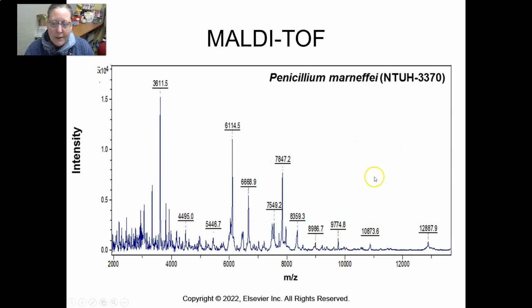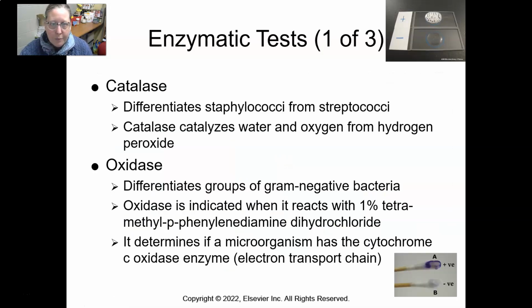And so then this is compared to a computerized database of all these mass spectra for all of these organisms. What's neat about this is this database can be updated as we find new things or we find variants and things like that. So you're not required to memorize these, although you probably will get familiar with the ones you see the most. The computer does the work and the matching for you.